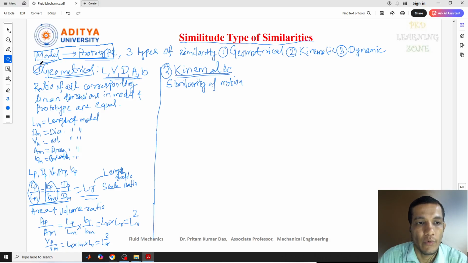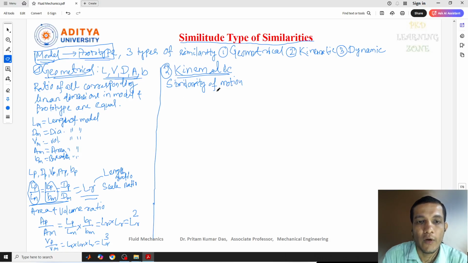That is our main motto. If any differences are identified, then the model is not the same as the prototype. So we need to assure that all these properties or similarities between the model and prototype are the same. That's why in the kinematic similarities, we need to consider similarity of motion between the prototype and the model.